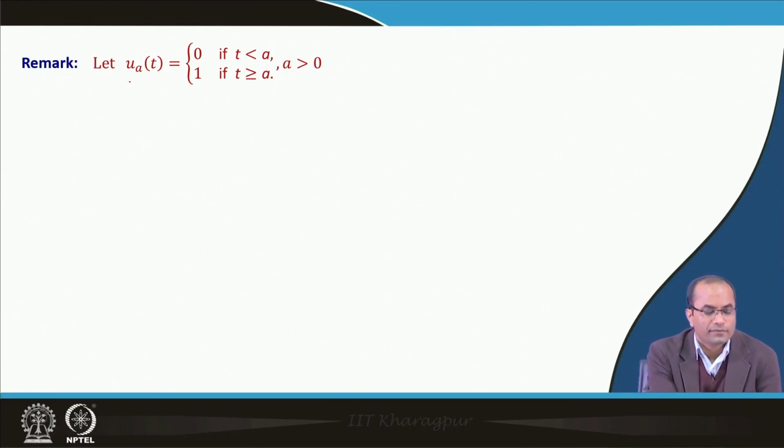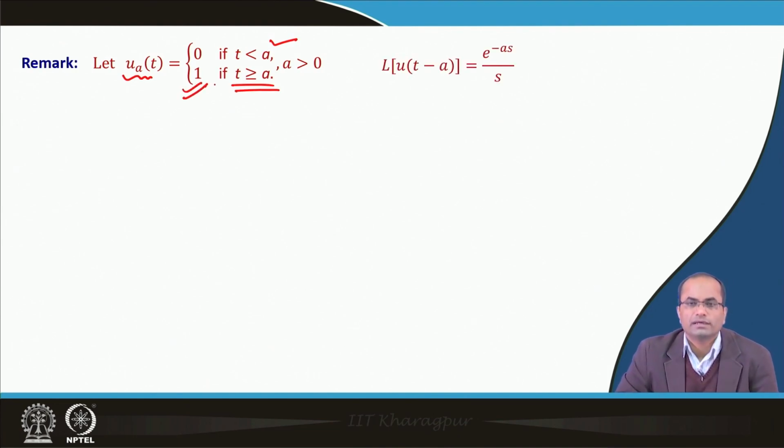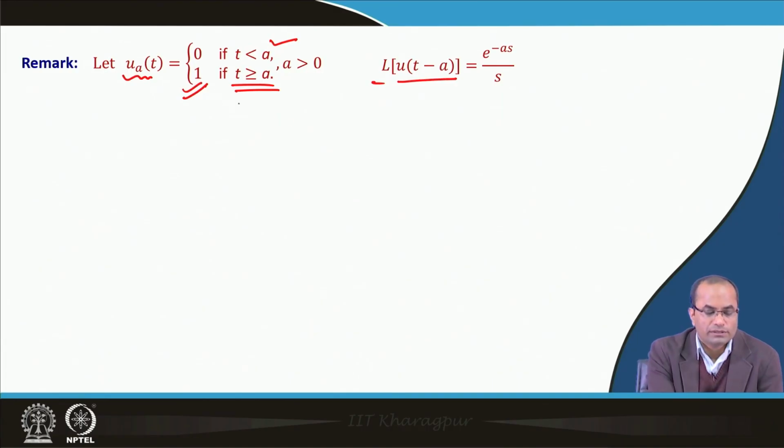We have already considered the Heaviside function, which is defined as 0 whenever t is less than a, and 1 when t is greater than or equal to a. And indeed, we have computed earlier the Laplace transform of this function u t minus a. In this case, it will be just integrated from a to infinity, where the function is 1, and then e power minus s t d t, which can be integrated.